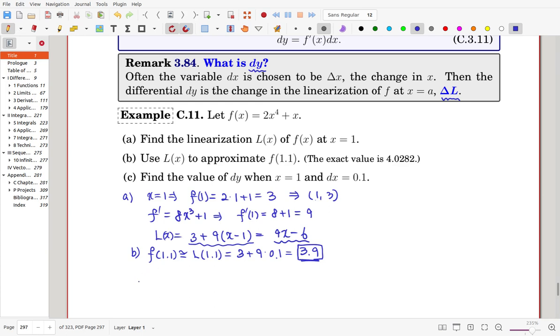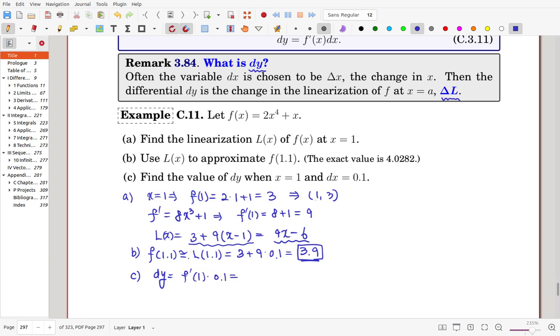Now part C, we want to find dy when x is 1 and dx is 0.1. By using that formula, dy equals f prime at 1 times dx. dx is now 0.1.